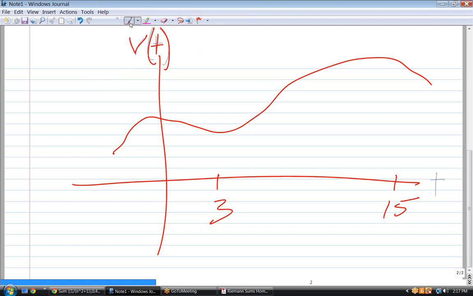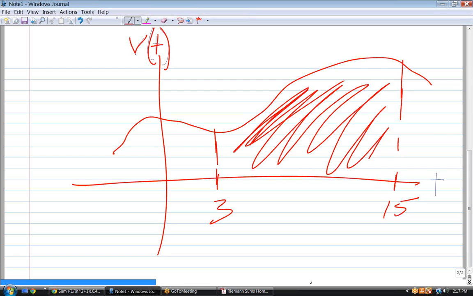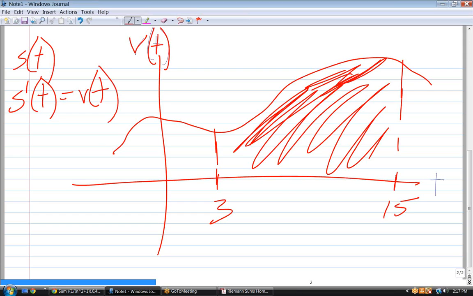All right. So if this is the velocity curve, the area under this curve would represent the total distance traveled. Why? Because there's the position function. That's the position of a particle at any point in time. Well, the first derivative of that equals velocity, which means velocity equals the integral.